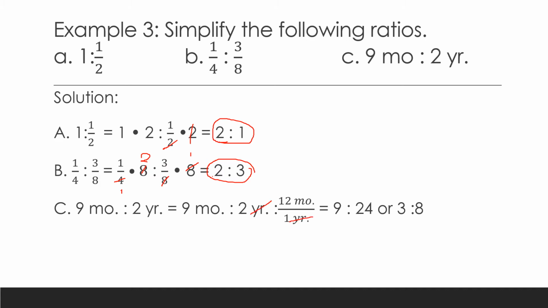Then multiply: we copy 9 months, and 2 times 12 is 24. Therefore, we have 9 is to 24. Reducing that, the GCF of 9 and 24 is 3. So 9 divided by 3 is 3, and 24 divided by 3 is 8. Therefore, our answer is 3 is to 8. That's the lowest term.